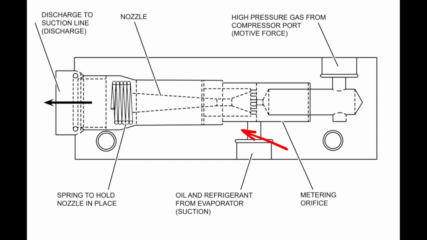These can be located in a number of different places. They can look in a few different orientations and styles. They don't all look the same, and they don't all look like this. This is just one example. This particular example is out of a YVAA air-cooled screw chiller.